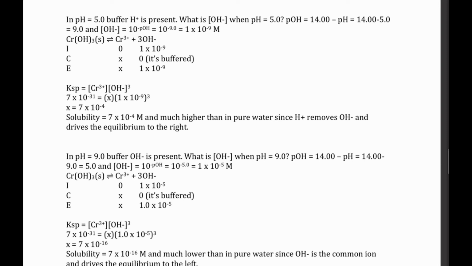So we put that in as our initial concentration, and the chromium ion concentration can change, but not the hydroxide ion concentration because it's buffered. Alrighty, so we have the equilibrium concentrations in terms of x, and we have the other 1 times 10 to the minus 9.